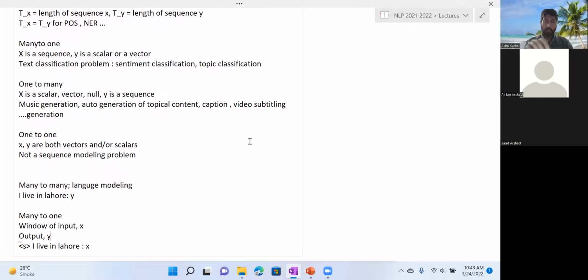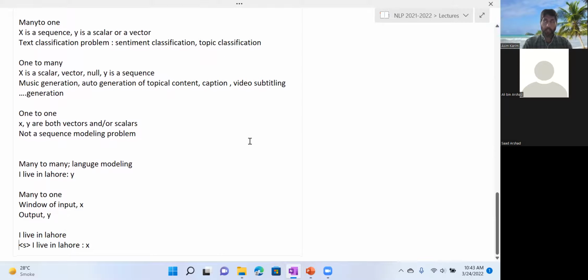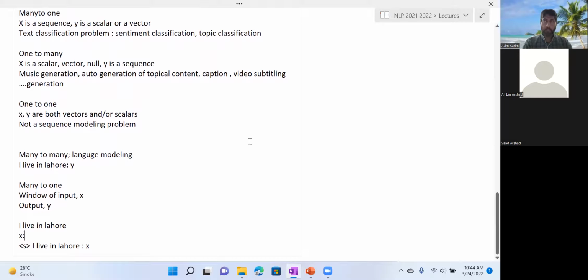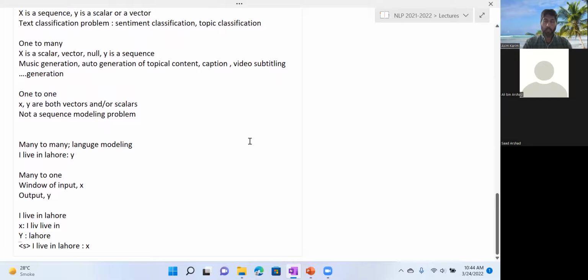Let's say it is sentiment classification, then this window is the entire text, and Y is the label for that text. Let's say positive class or negative class, or positive sentiment, negative sentiment. If it is, let's say, POS tagging, then you would have done something like this. So I live in Lahore. So input X at any given point in time would be I live in, and Y would be the label for Lahore. So moving window, sliding window.